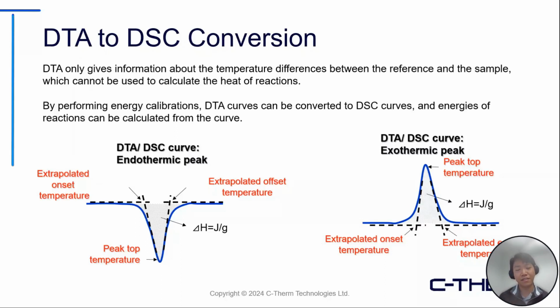However, by performing an energy calibration, we can convert this peak in the DTA curve into a peak in the DSC curve, and we can calculate the area underneath the peak, or the area between the peak and the baseline, and this would give the quantified energy of the reaction.